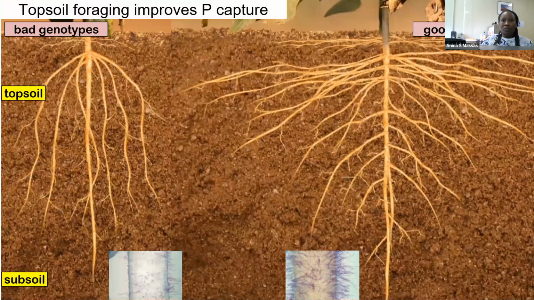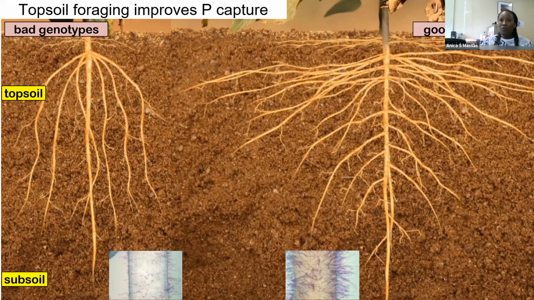So I was talking about good and bad genotypes. Maybe I need to explain what a bad genotype looks like and what a good genotype looks like. Okay, we know what a good genotype is. On the left side, we have one genotype with very few adventitious roots and basal roots, and the basal roots, or most of them, are formed at a deep angle.